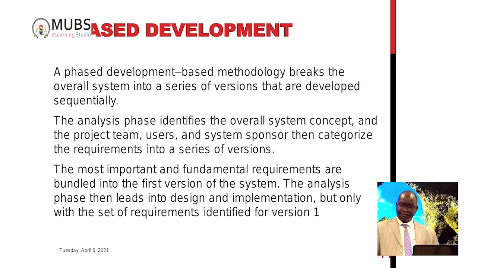Build part number 1, based on priority, get your system version 1. Then after that, you move to the second part, build, come up with version 2 by adding additional software components to version 1. So this is what we call phased development.